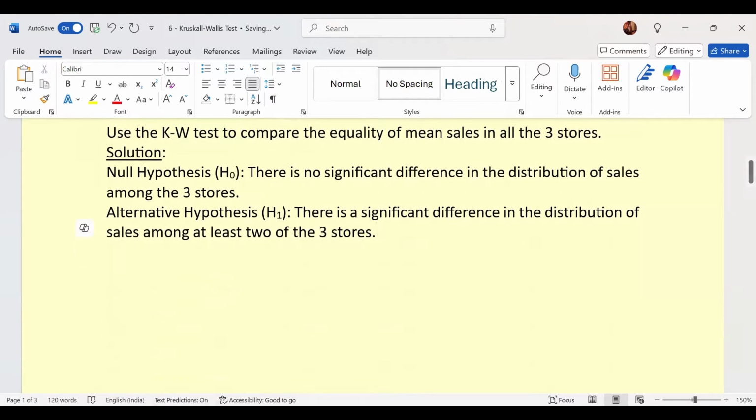The next step is that we need to rank the data.